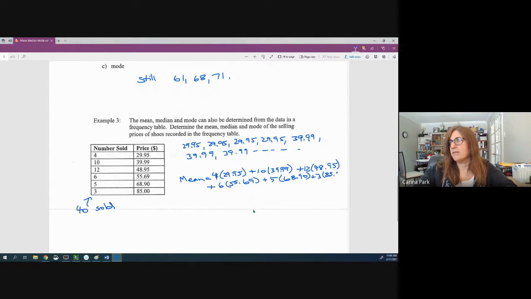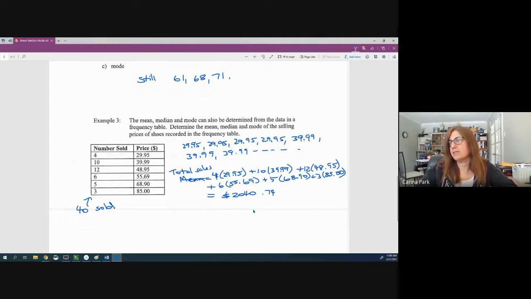Okay, that's not the mean yet. Actually, this is the total sales. So total sales, and all of that, if you add that all up together with your calculator, you get $2,040.74.